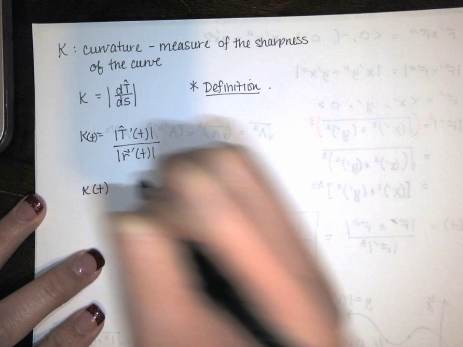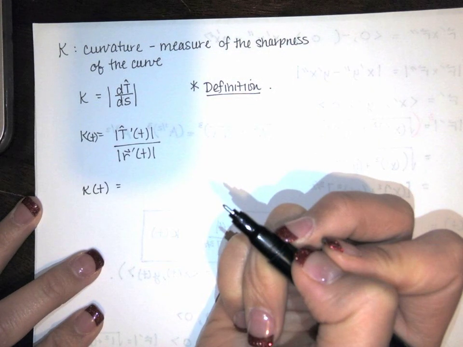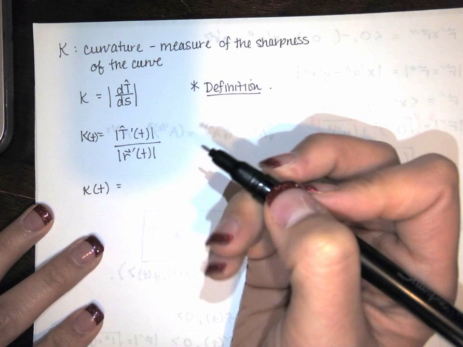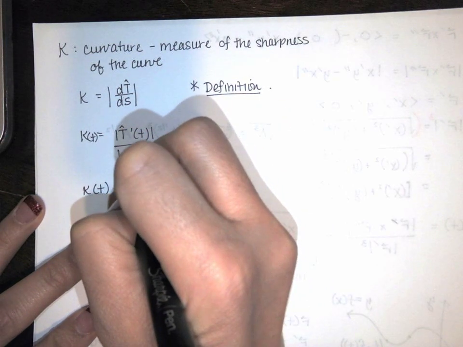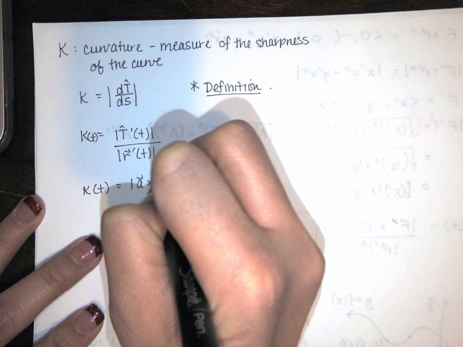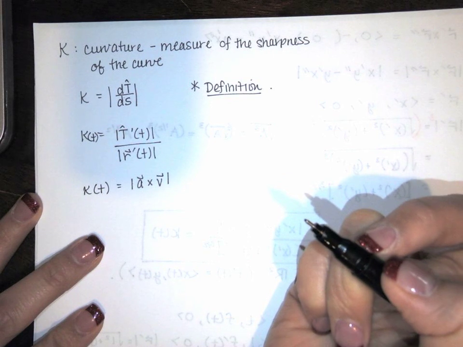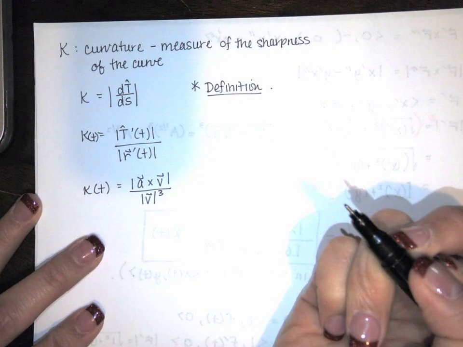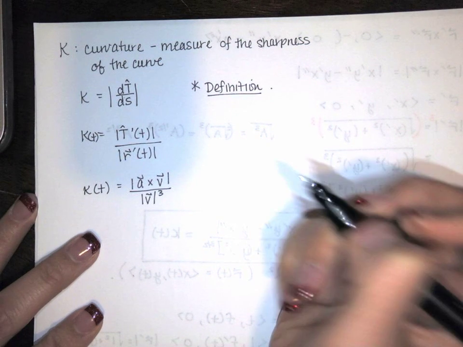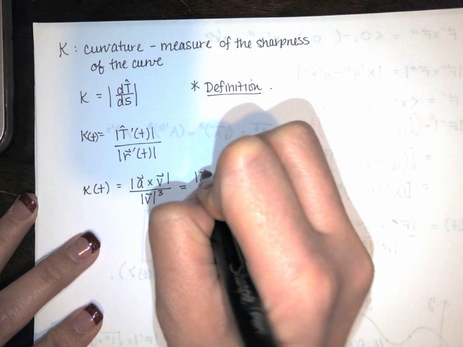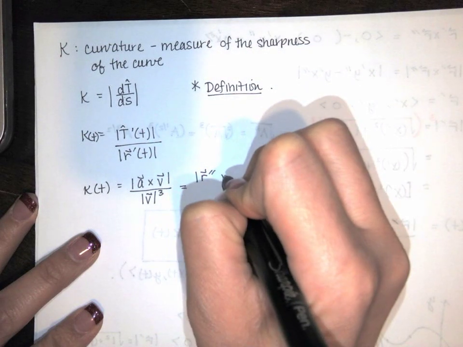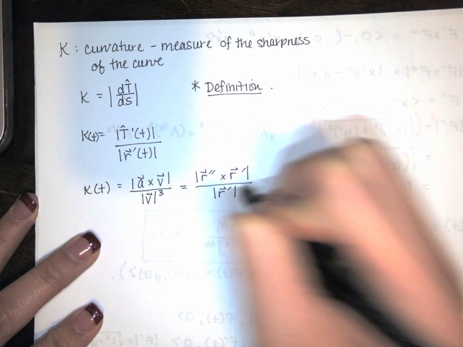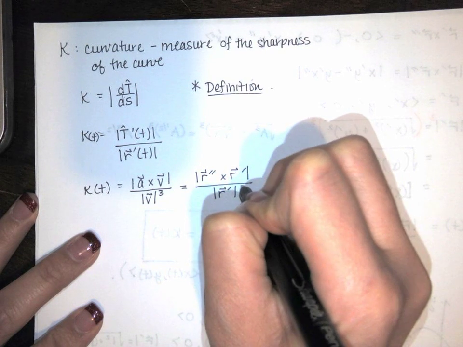Then, using the definition of the normal component of acceleration, we were able to prove that curvature as a function of t is the magnitude of the acceleration crossed with the velocity, divided by the speed cubed. Or if you prefer in terms of r, acceleration is r double prime, velocity is r prime, and so I've got the magnitude of r prime cubed down here.